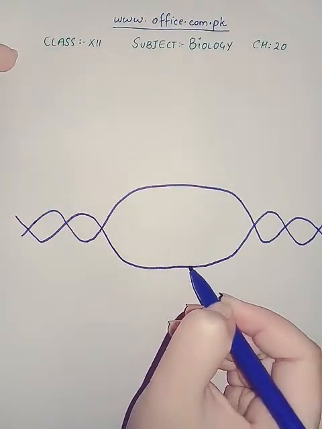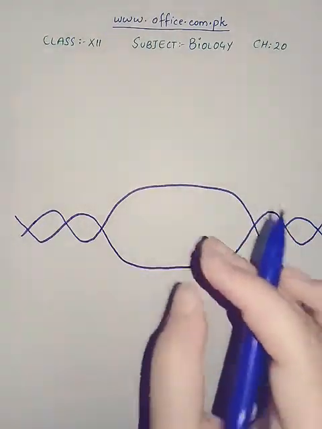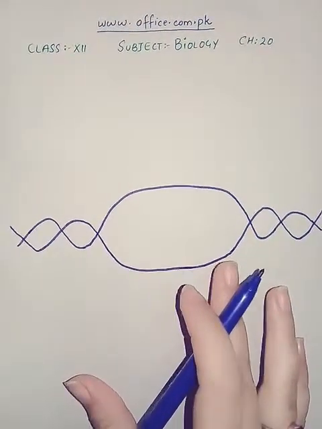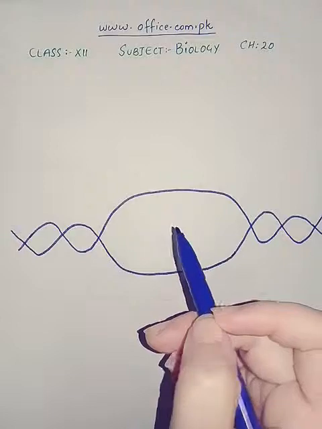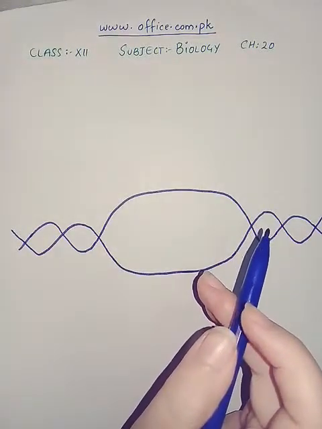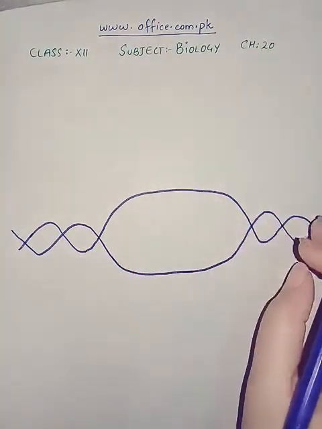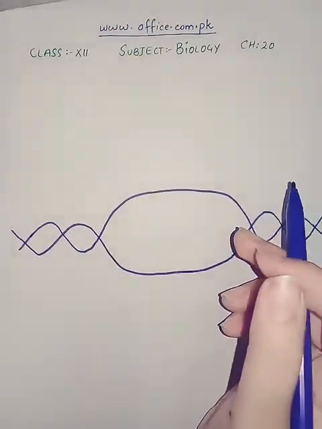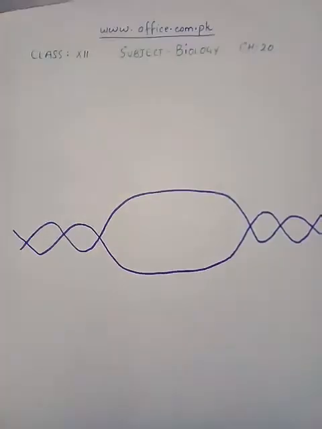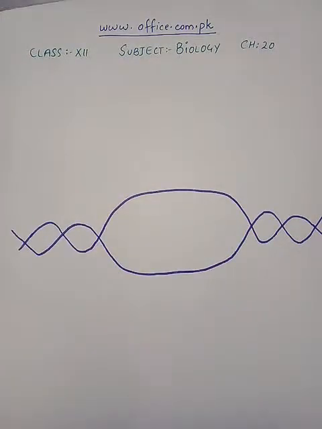The site where the transcription will begin will form the transcription bubble, and as the RNA is formed, this whole transcription bubble will move forward till the end site is reached, and ultimately the transcription will stop.